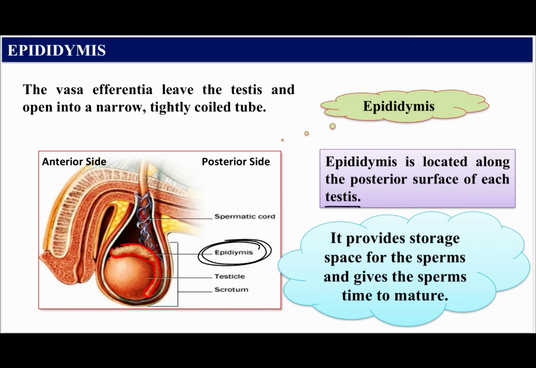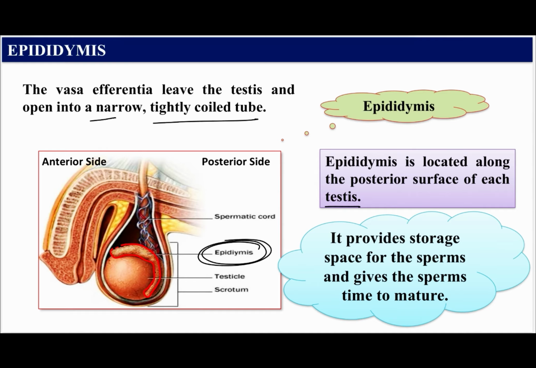We have two testes, so that means we have two epididymides. It is a narrow, tightly coiled tube. The Vasa Efferentia leave the testis and open into this narrow, tightly coiled tube called the epididymis, which is located on the posterior surface of each testis.